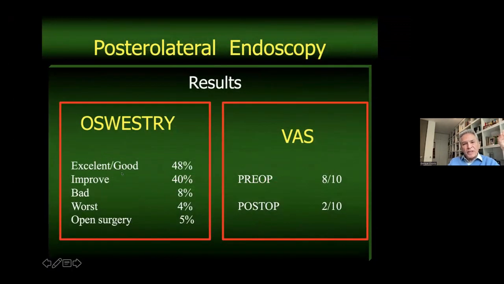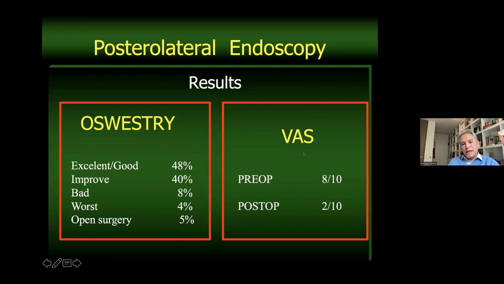And for the Oswestry, we had excellent and good results in 48% of the patients, improved in 40% of the patients, unchanged in 8% of the patients, worse in 4% of the patients, and open surgery we had to do in 5% of these patients.